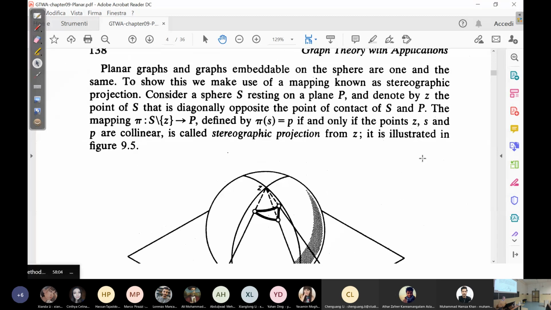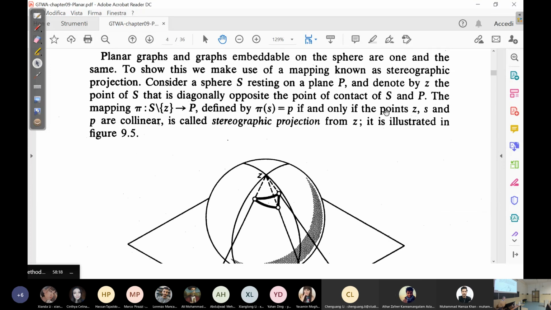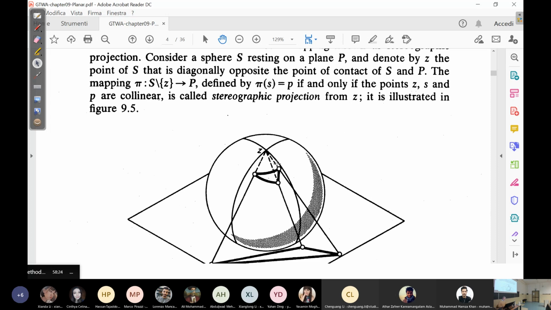Now, this fact that I was hinting at before, that embeddable on the sphere and embeddable on the plane are the same. Why? Because we have this, which is called stereographic projection, okay? The stereographic projection goes like this. Place a sphere on a plane, touching it by just one point, okay?